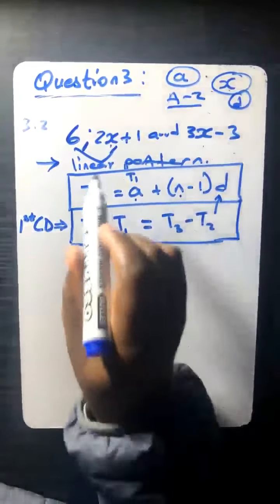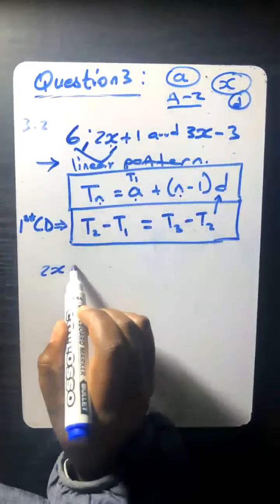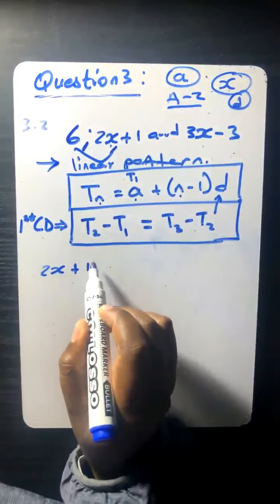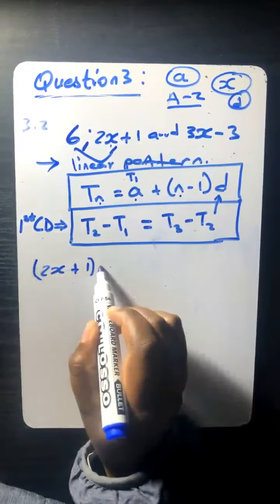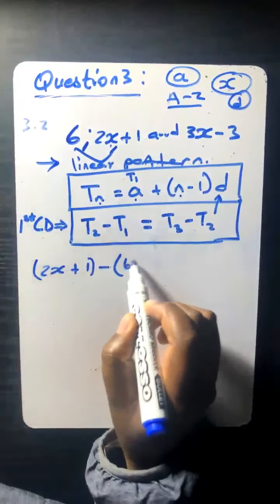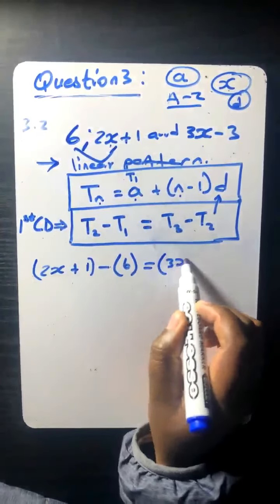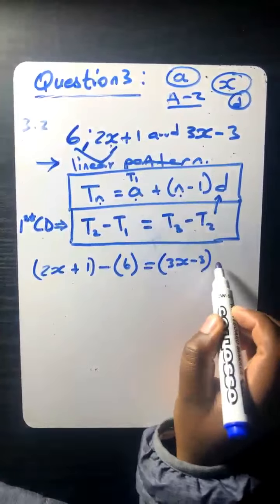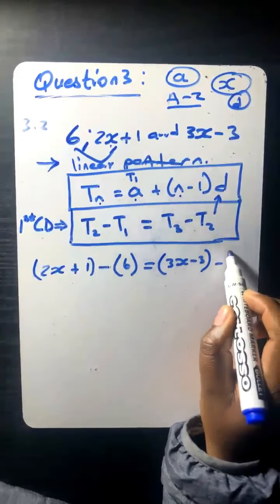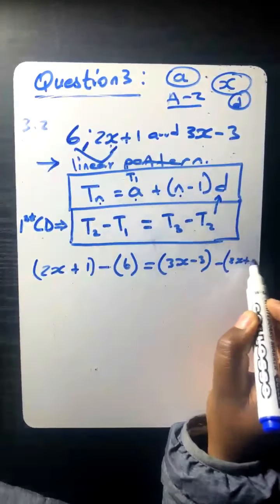So let's see, what is term 2? Term 2 is 2x plus 1 inside the brackets, then you minus term 1. What is term 1? Term 1 is 6, and you're saying this should be equal to term 3. Term 3 is 3x minus 3, minus term 2. What is term 2, guys? Term 2 is 2x plus 1.